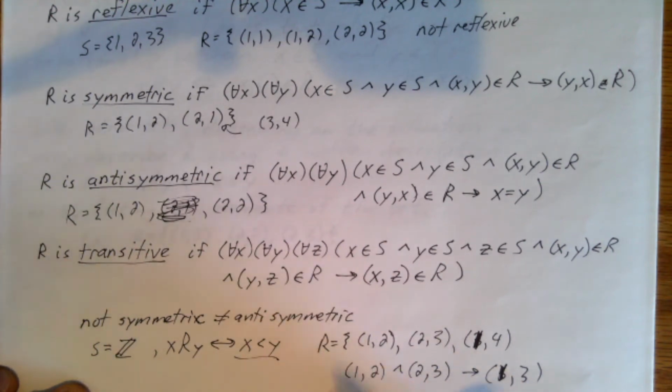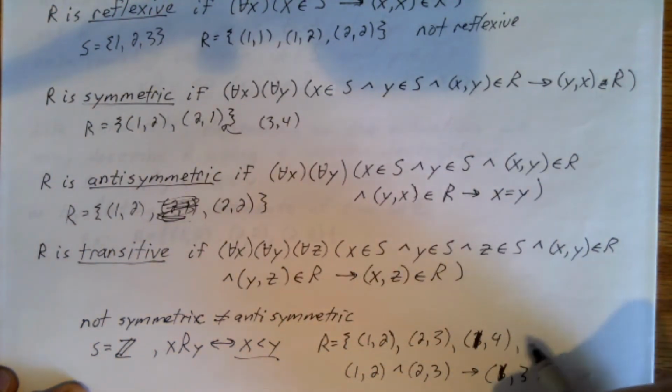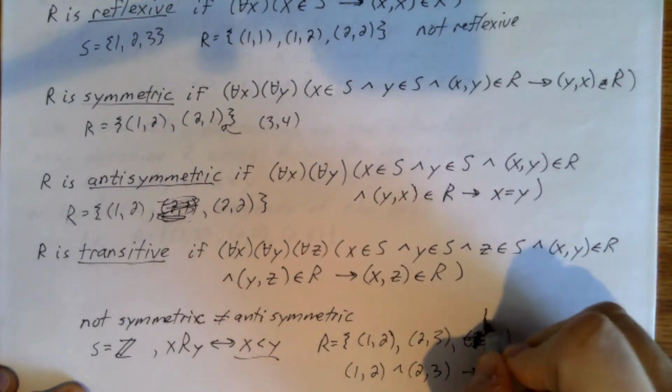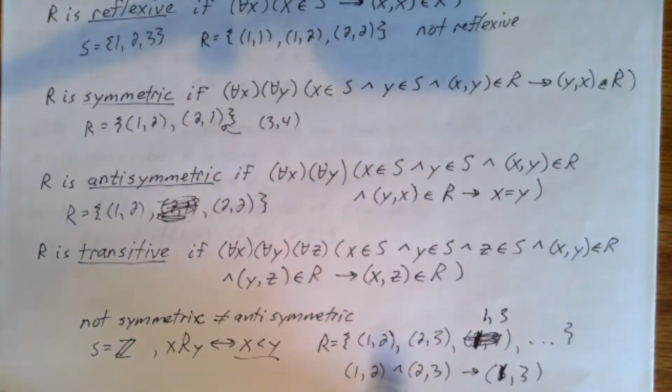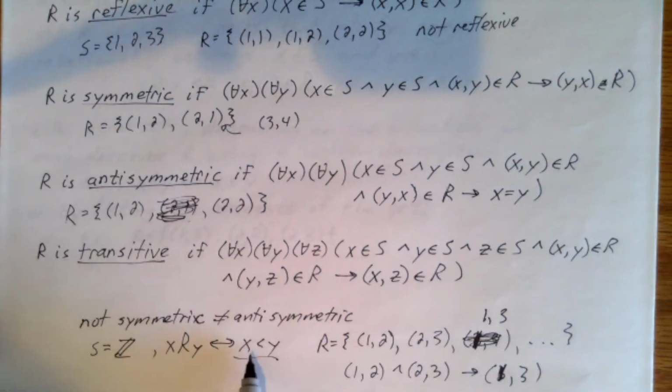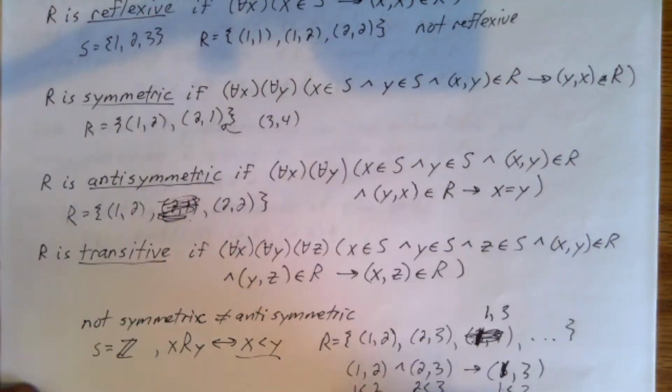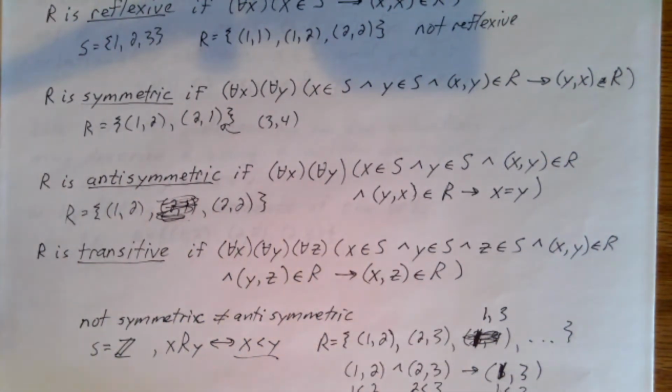So that would be in this set, right? There's going to be an infinite number of things, like I said. Or sorry, this should be this. We know that, like I said, if 1 is less than 2 and 2 is less than 3, we know that 1 has to be less than 3. So that would be a transitive relationship.